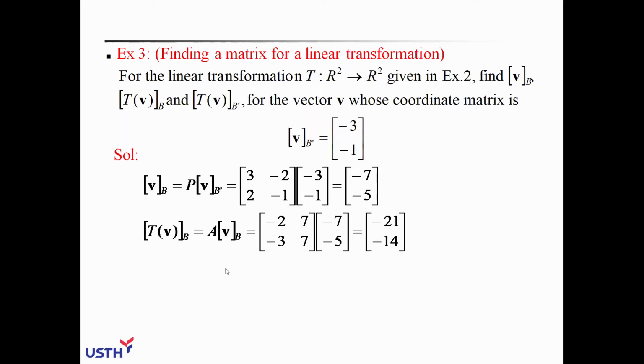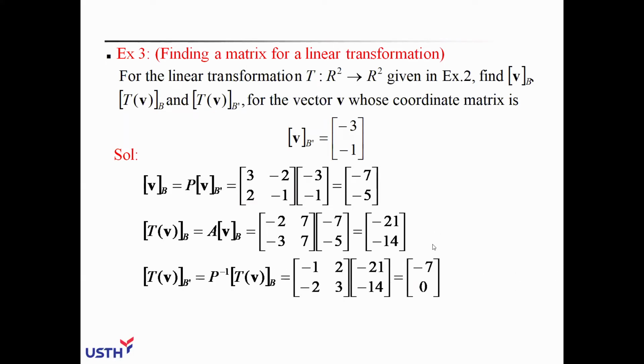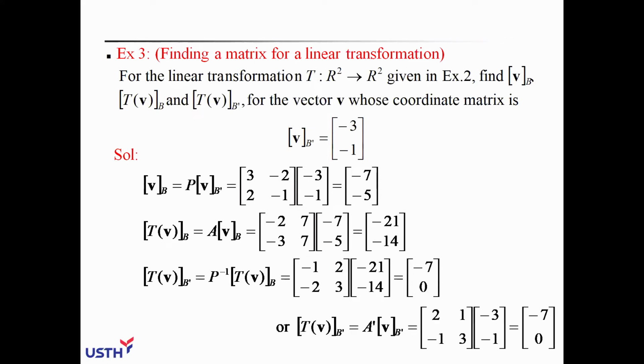And similarly, T of V, that is, its coordinate in the basis B, will be A multiplied by the coordinate of V in B. And it is here. And so on. You can apply anything we got in the previous slide to this example, and you can get anything here.